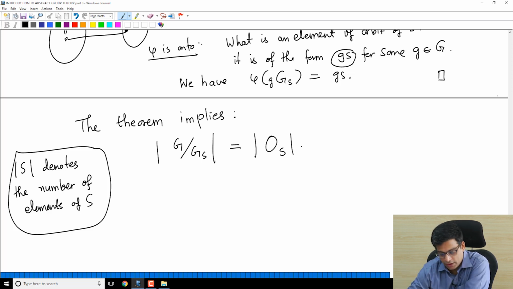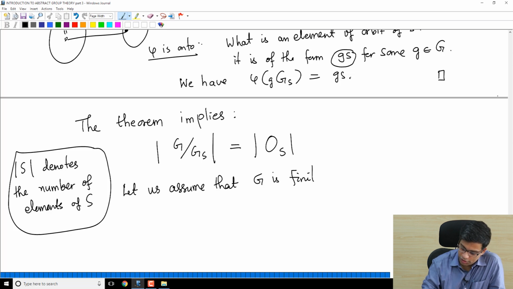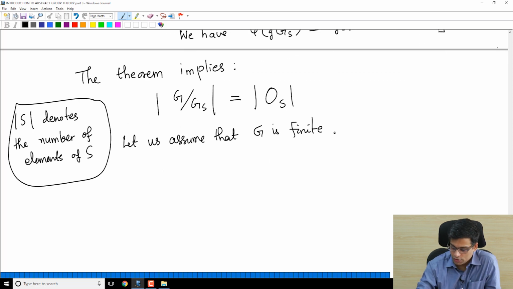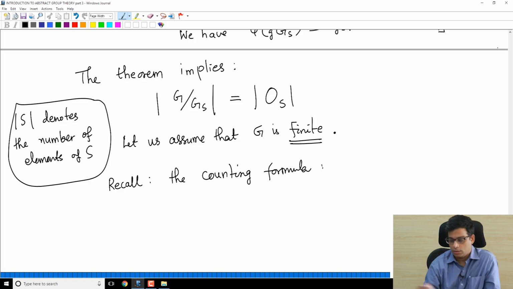This will be most useful when the group and the set are finite. So let us assume that G is finite. We need only that G is finite; the orbit will be finite, and S may not be finite, which doesn't matter. Recall the counting formula that we proved when we talked about cosets of a subgroup in a group.